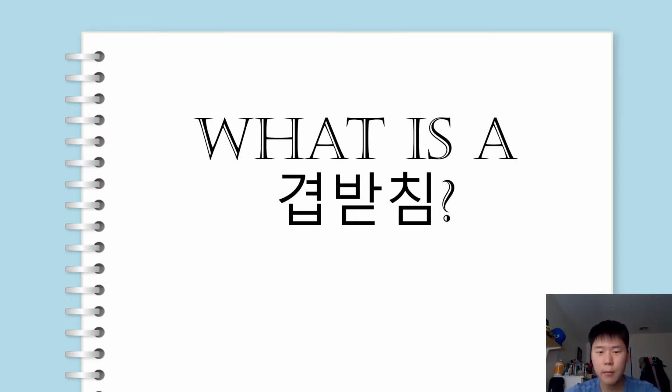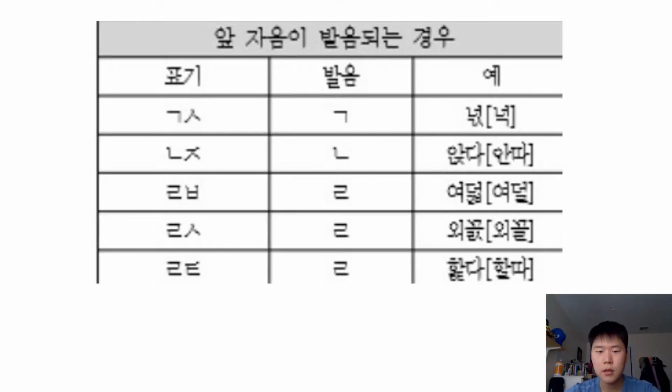So what is a 겹받침? 겹받침 is known as a double consonant, like 받침 in English. So what they are is when there are two consonants and they are stuck together to create one 받침 at the bottom. So for example, there's a 기역 and 시옷 here, right?